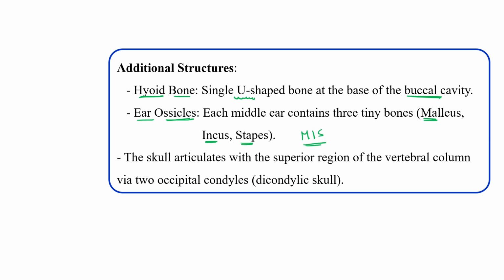So this also comes under the additional structures of the skull. The skull articulates with the superior region of the vertebral column via two occipital condyles. This is known as a dicondylic skull. That's why we use the term dicondylic skull.